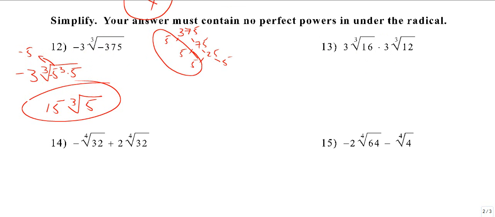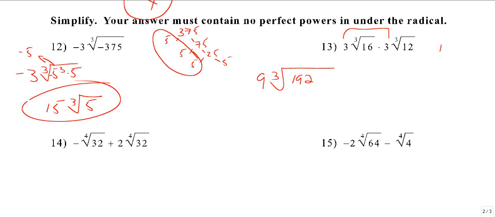So now I'm going to take this and I'm going to have 3 times 3. That would be 9. And under the cube root, I'm going to have 16 times 12, which is 192.